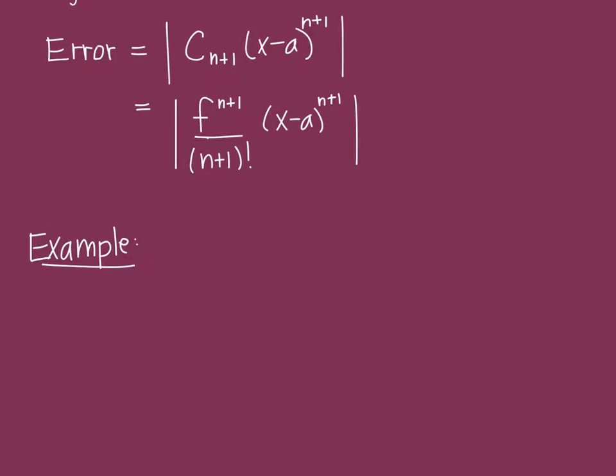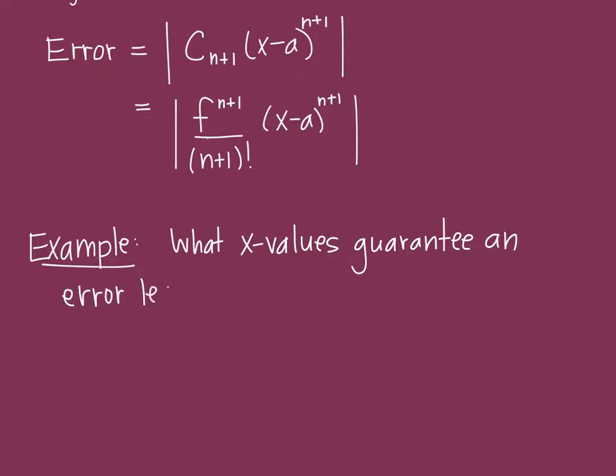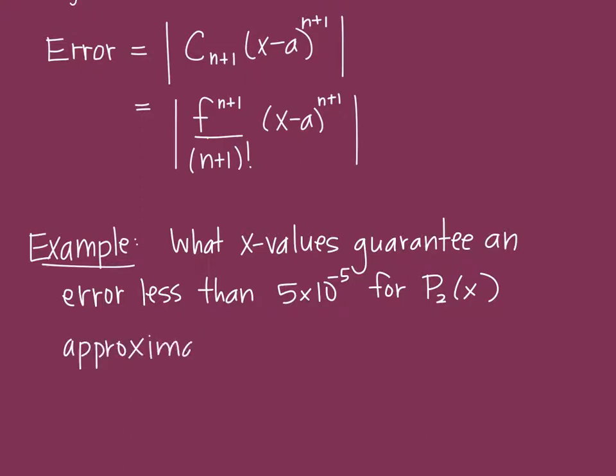What x values guarantee an error less than 5 times 10 to the negative fifth, so a very small number, for a second order polynomial which was made to approximate the function ln of 1 plus x?